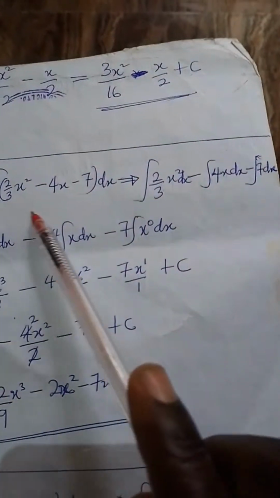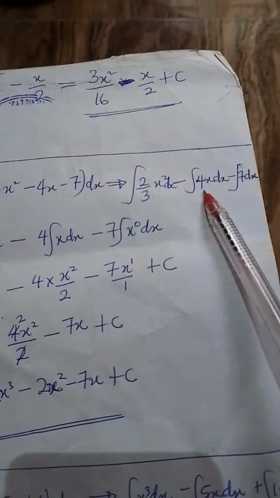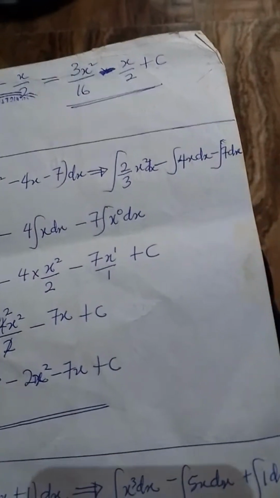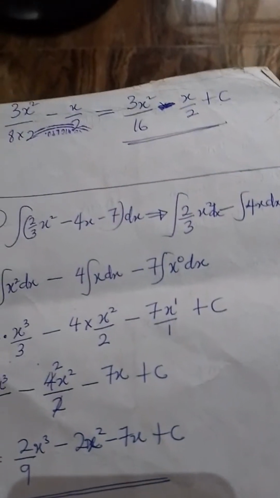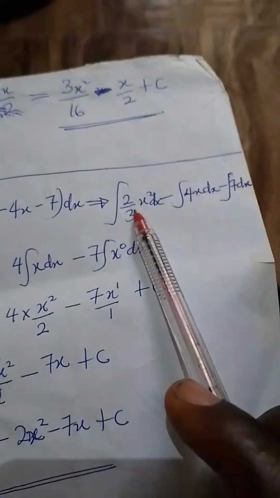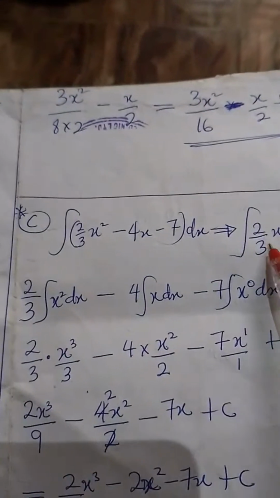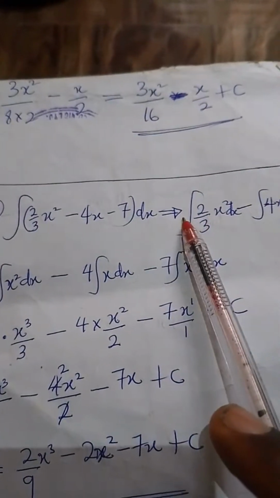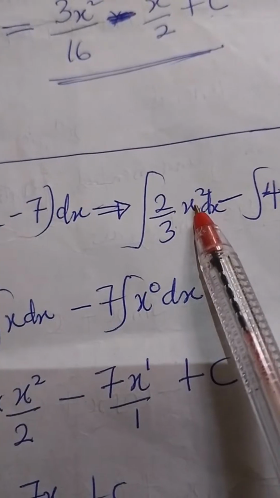The integral sign will also come in to mean this one, and also this one. So what do we do from there? We have to integrate them one after the other. Integrate this, integrate this, integrate this. You can take this number to the back of the integral sign, then you integrate this alone.